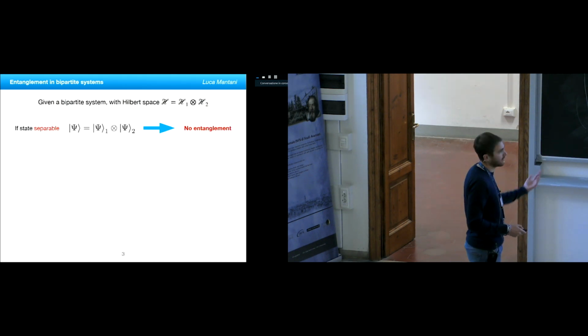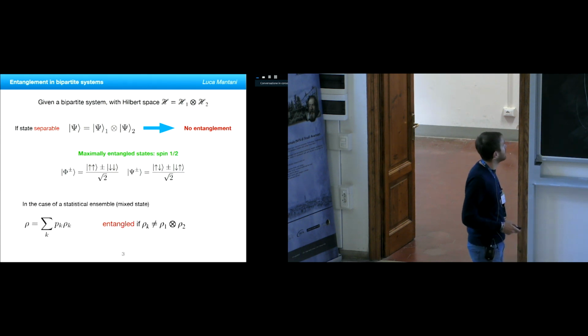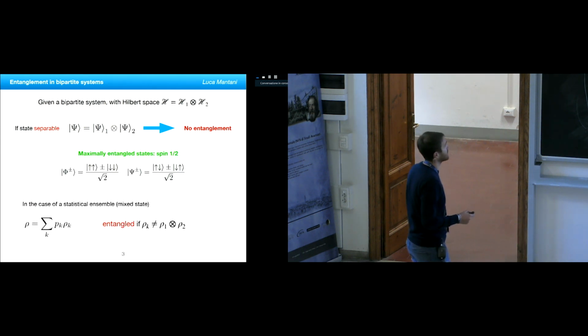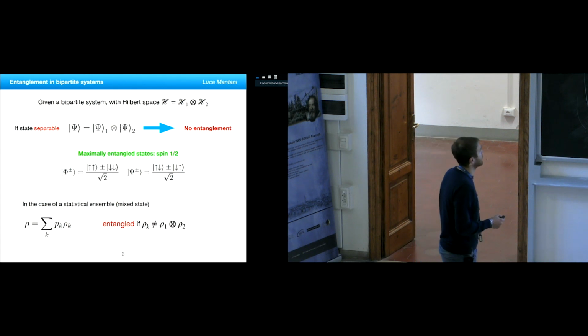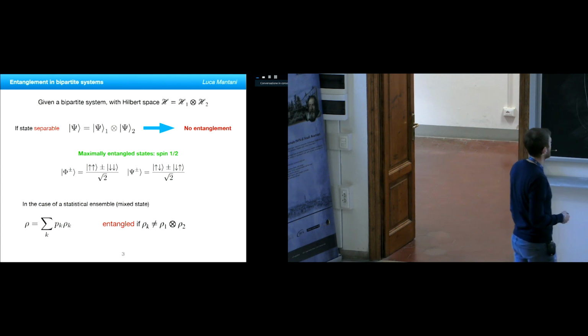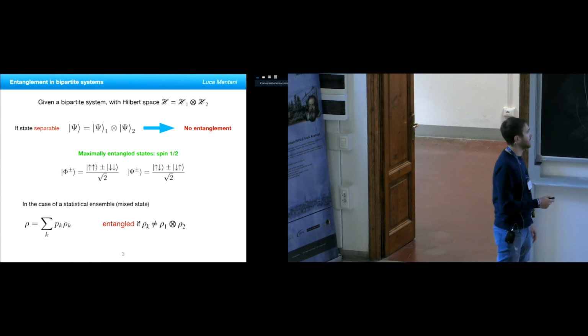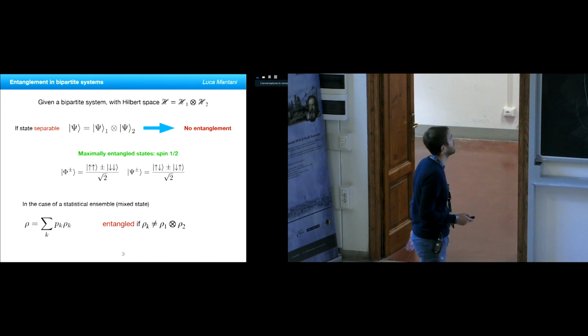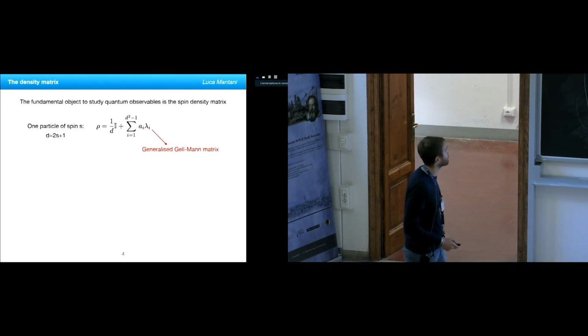So we are mostly talking about bipartite systems. The usual definition of entanglement is that the state is entangled if it's not separable. In the more generic definition, if we have a density matrix describing our system, it is entangled if it cannot be written as a product of two density matrices.